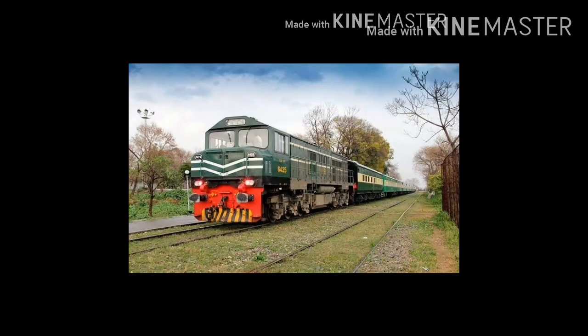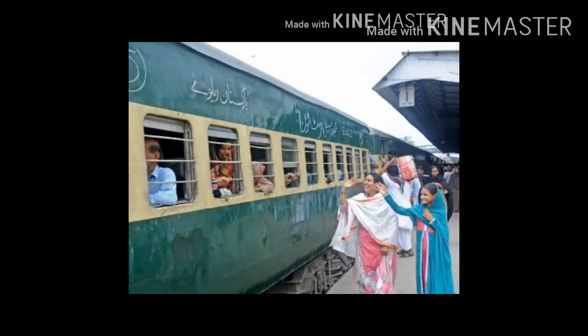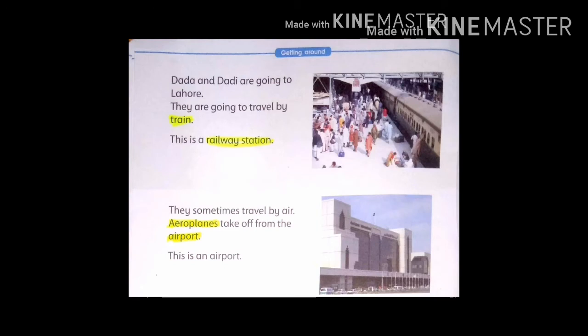And train is also one of the modern means of transport. And railway station is an area on a railway line where trains regularly stop so that passengers can get on and off.